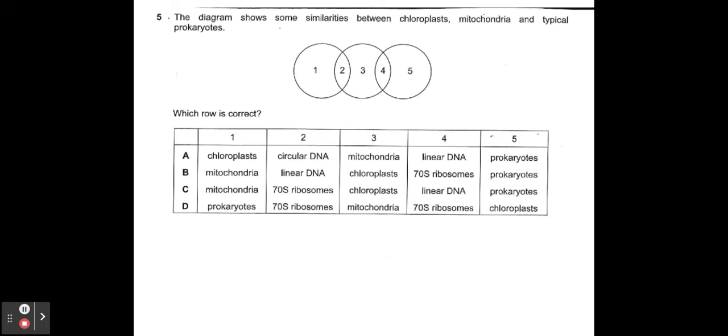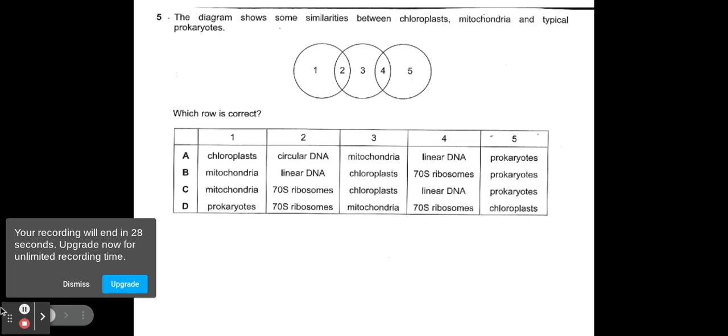And what we mean by that is that the DNA found within a chloroplast and a mitochondria, because they do have small bits of DNA, there'll be circular DNA found within the chloroplast and the mitochondria, and they'll also have smaller ribosomes present within the chloroplast and the mitochondria. They'll have those 70S ribosomes, not the 80S ribosomes, which are found within the cytoplasm of a eukaryote or attached to the rough endoplasmic reticulum of a eukaryotic organism.